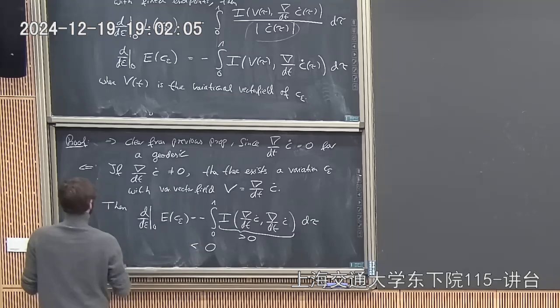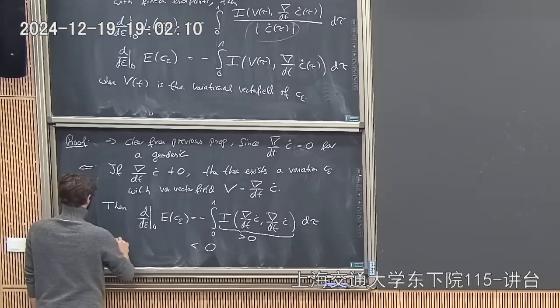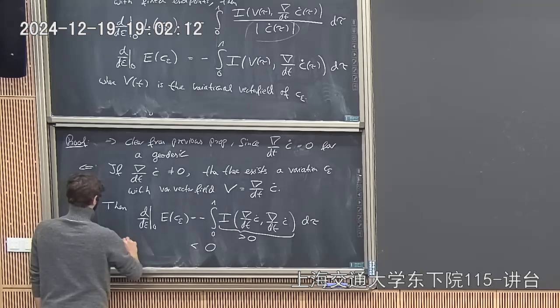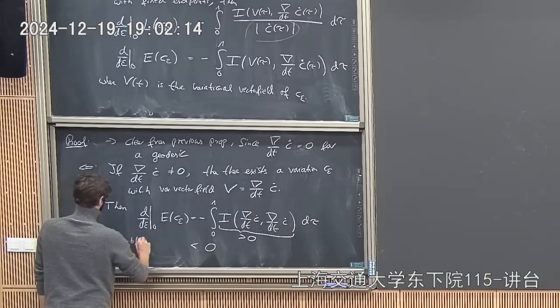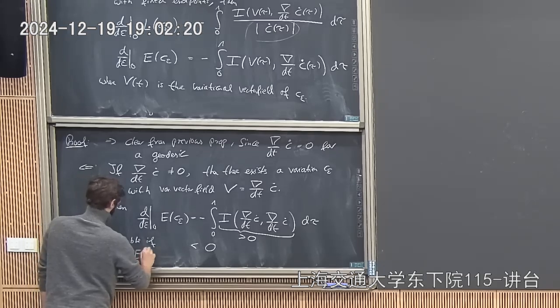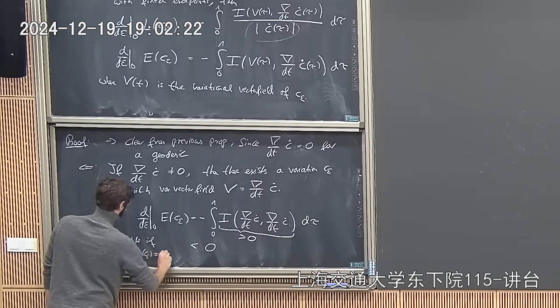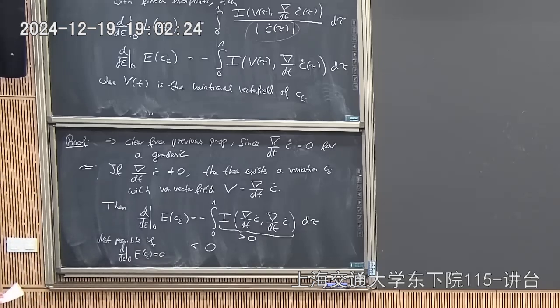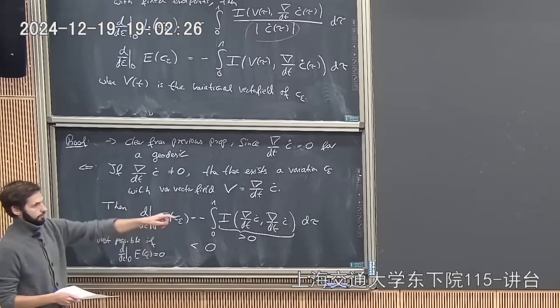So that means that it's not possible, if d/dε of C of ε is 0, it has to be 0. So that's the second point, right?